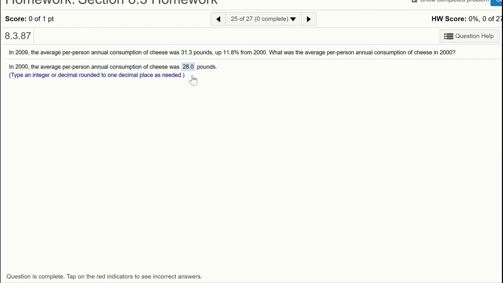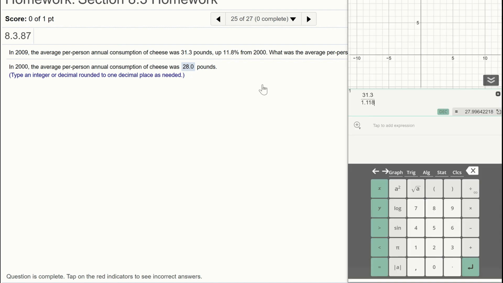Rounded to one decimal place as needed. So if you round to the nearest one decimal point, right, you're actually going to have to look to the right, and that's a 9. So you have to round up, so this becomes a 10 and that becomes an 8, right? So that becomes 0, that becomes 8. So we get approximately 28.